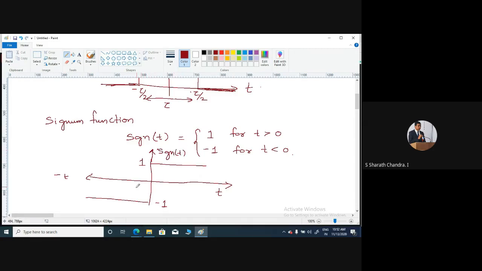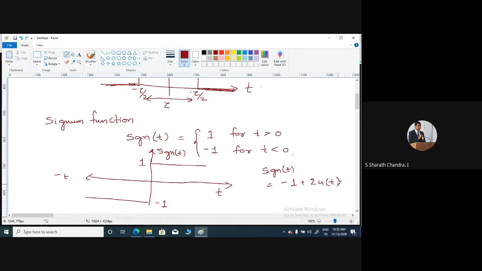This is how we generally represent the Signum function graphically. You could see that the Signum function can be expressed in terms of the unit step function. Sgn of t can be represented as minus 1 plus 2 into u of t.